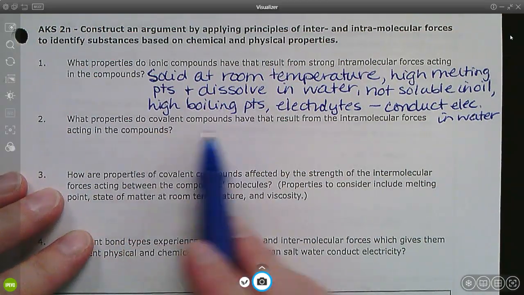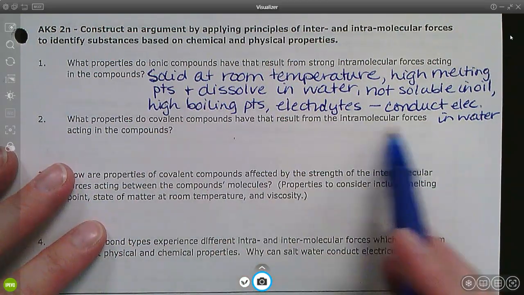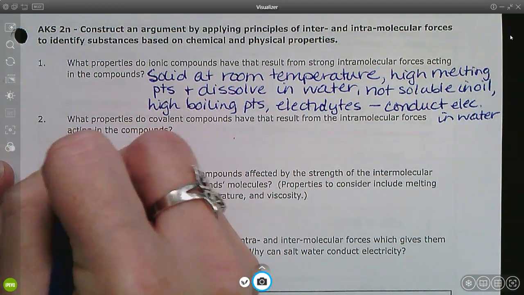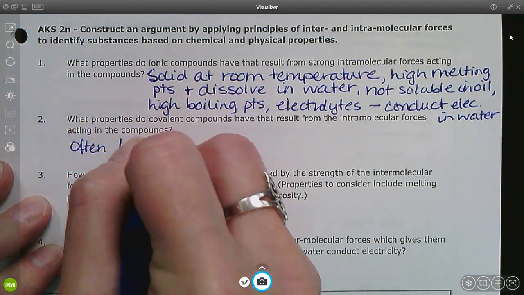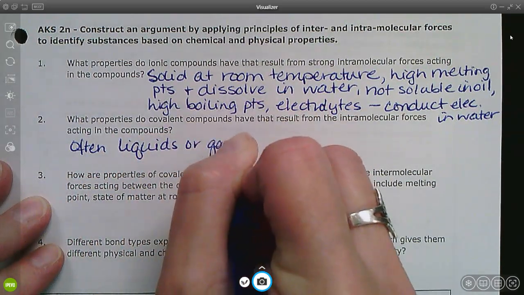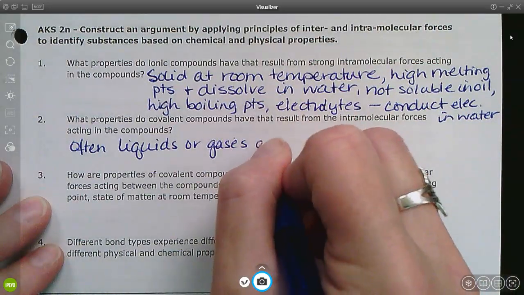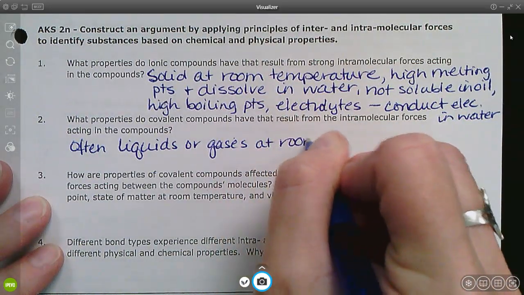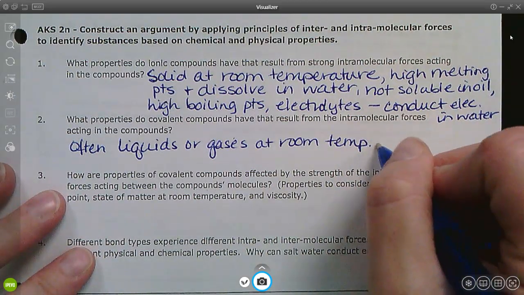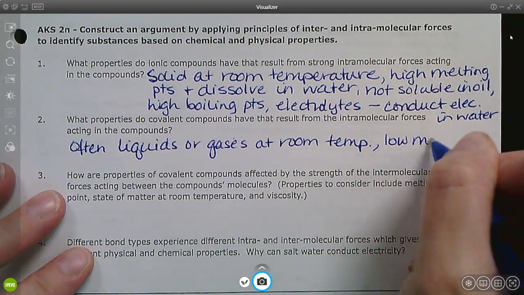What properties do covalent compounds have resulting from the intermolecular forces acting? They're often liquids or gases at room temperature because of it. They have low melting and boiling points.